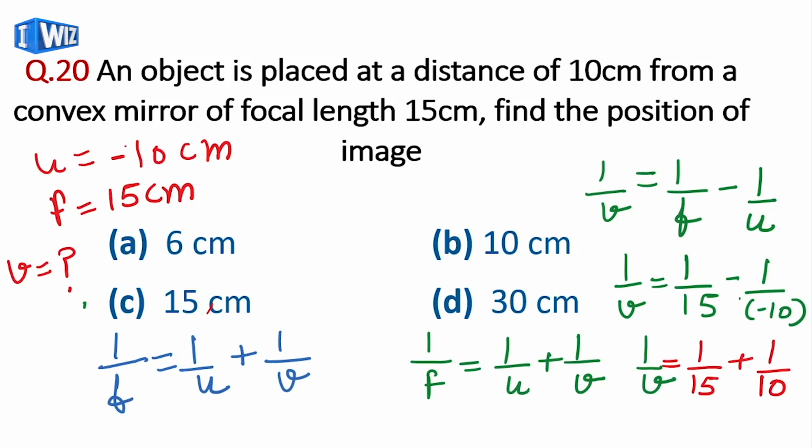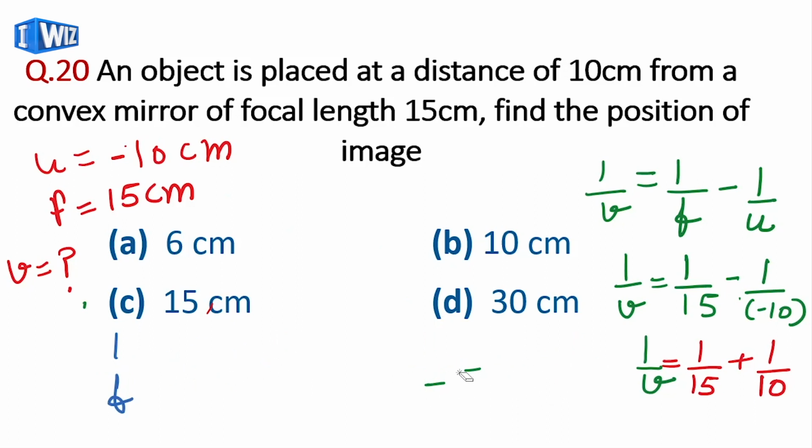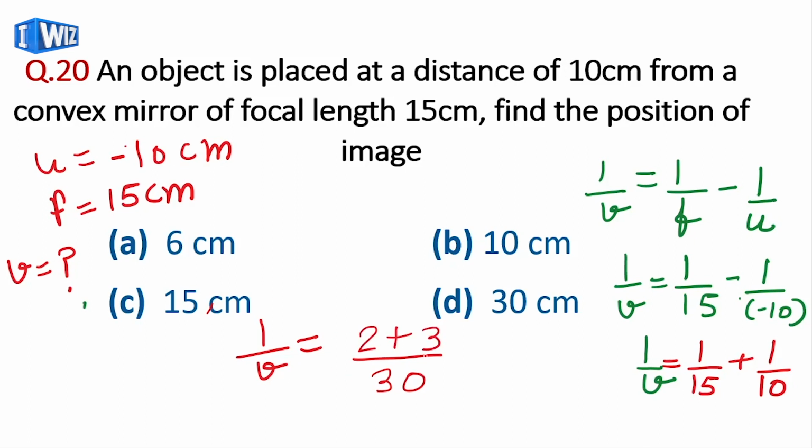LCM of 15 and 10 is 30. So 15 twos are 30, plus 10 threes are 30.